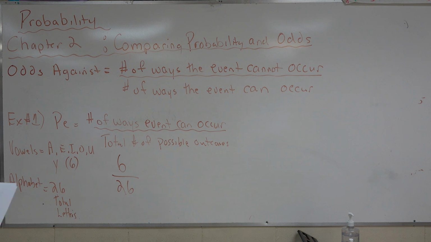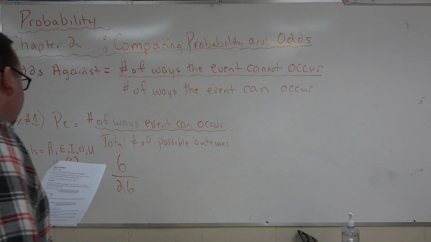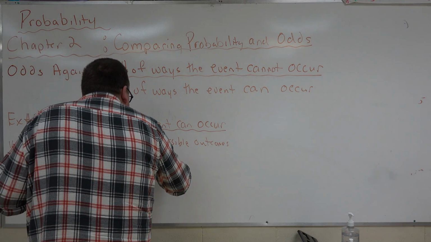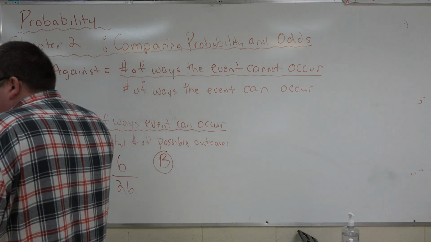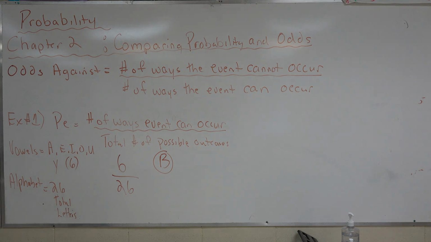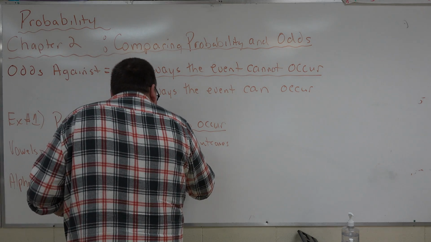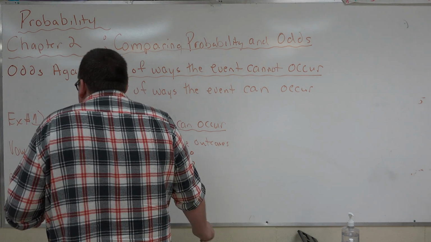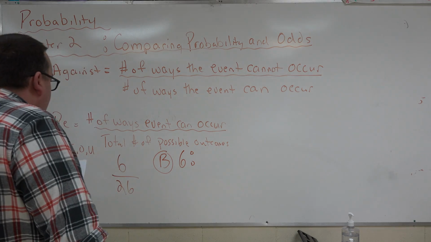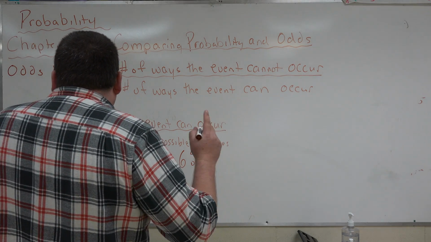Now B says determine the odds in favor of choosing a vowel. Well, we use the odds in favor formula: the number of ways the event can occur over the number of ways it cannot occur. The number of ways it can occur is going to be 6, because we can get A, E, I, O, U, and possibly Y. But here's the trick.